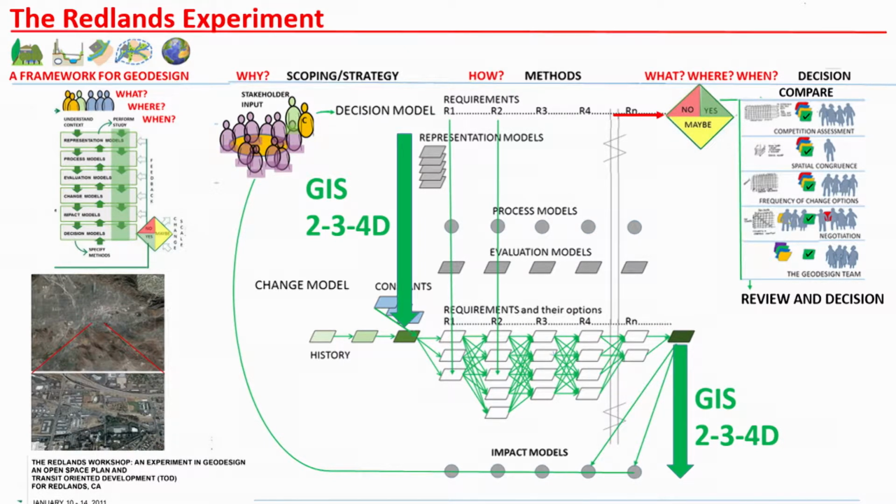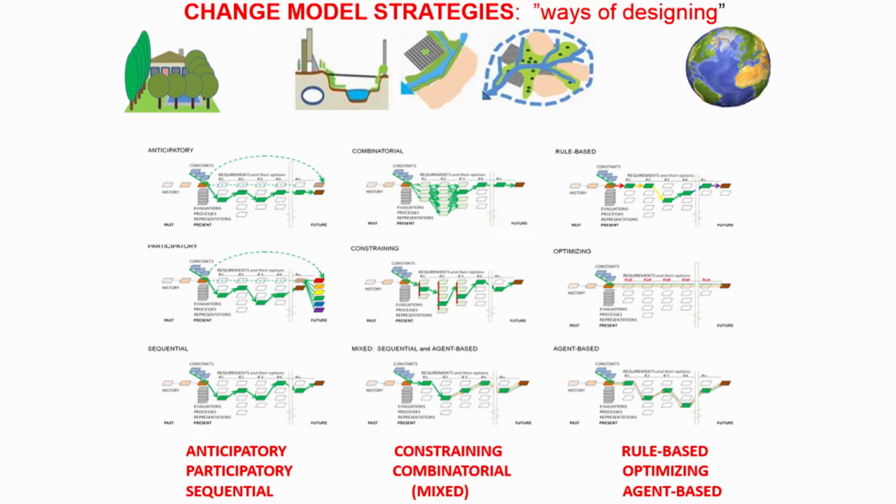And we used a workflow that had GIS here to this point, and GIS from a design to evaluate it, but not necessarily in the middle. So we had a team that had two tasks, and they were assigned one of these ways of designing.